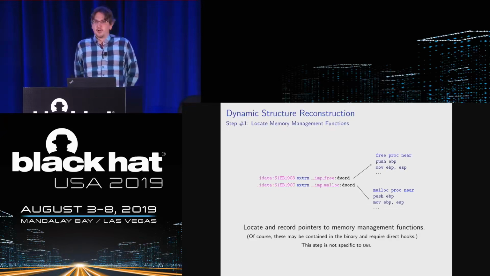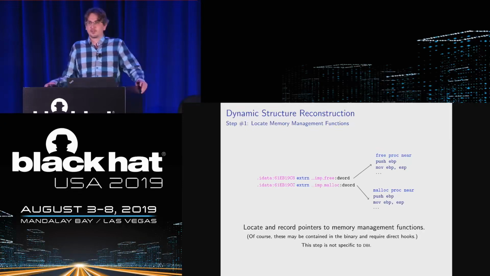Step one is to locate the memory allocators that you're interested in. This might differ depending upon the scenario. Up on the slide here, I have your memory allocators imported from some other library via the import table, but it might also be the case that there's a custom memory allocator in the binary, which is a function.